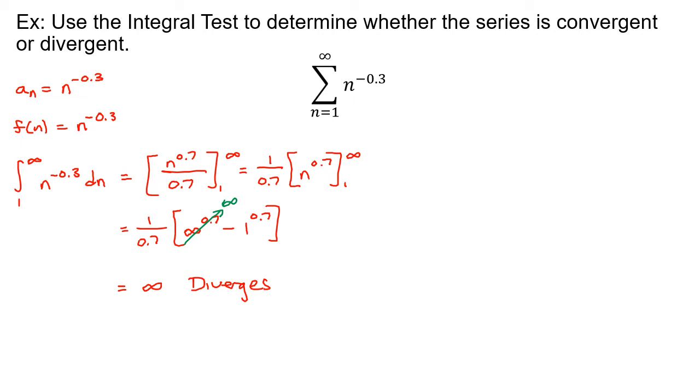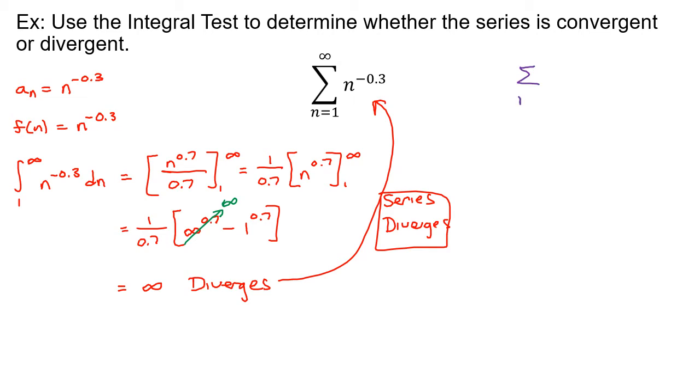And that's the integral diverging, which means that back up here, this series must also diverge. You can also see this as a p-series if you would like. You could write this as the summation from n equals 1 to infinity of 1 over n to the 0.3.